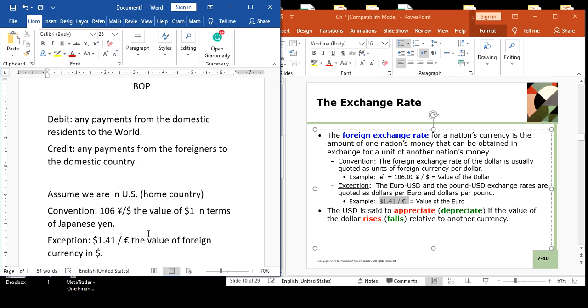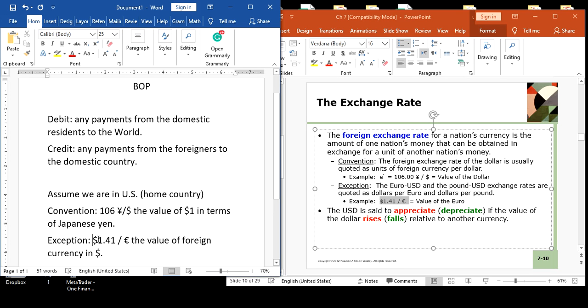So if the value of the dollar increases, goes up, we say that the dollar is appreciating, has appreciated. But if the value of the dollar decreases, we say the dollar depreciates.